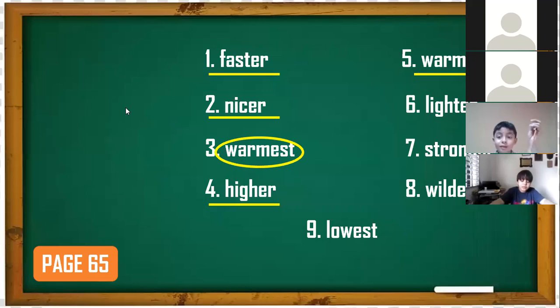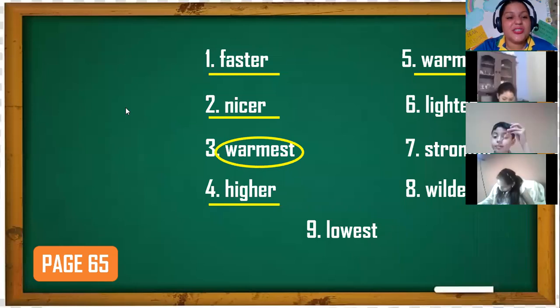Circle. Circle, are you sure, or underline? Because it finishes in ER. We are comparing only two things, circle or underline? Underline. Underline, very good, because we are comparing only two things.